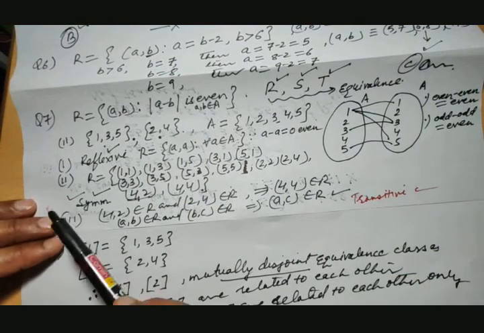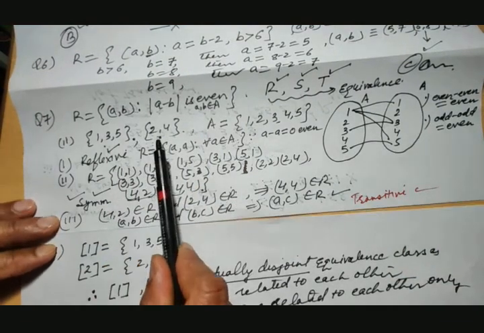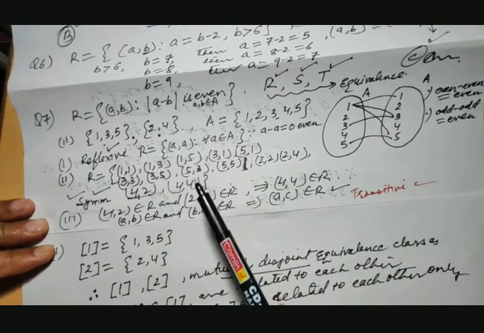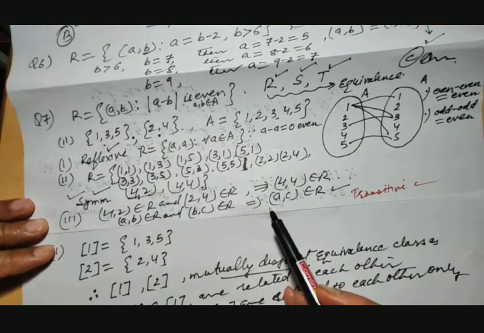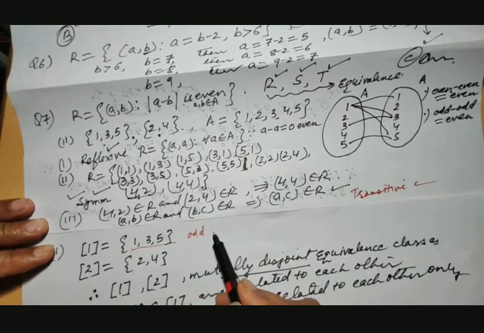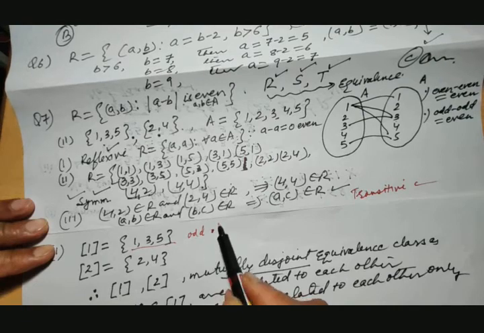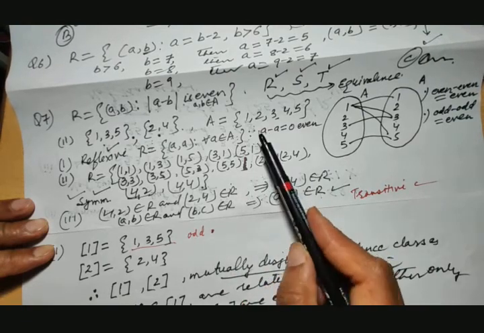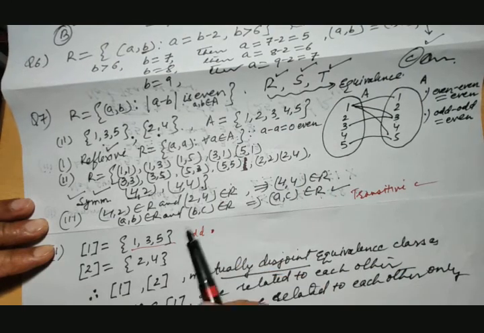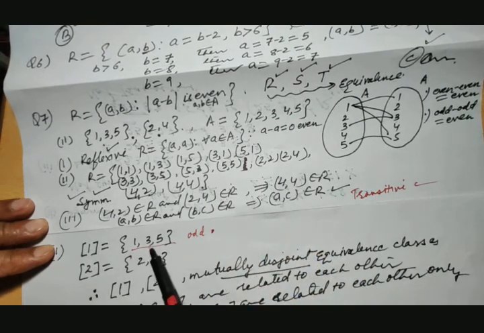Now next, the second part of the question was that these are two different sets. Remember, in this question it is very clear that when you select all odd, the collection of all odd integers here, these integers are 1, 2, 3, 4, 5. So take 1, 3, 5.